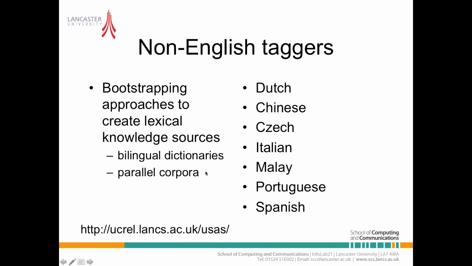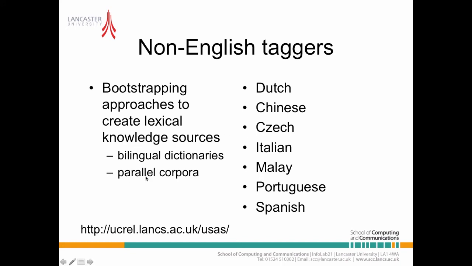So the key resource that you need to extend such a semantic annotation system to another language is the underlying dictionaries. So we're attempting to build these using a bootstrapping approach to create these new dictionaries in one of two ways. So we can take the existing English dictionary and translate it, if you like, using a bilingual lexicon or a bilingual dictionary to derive a first version of a dictionary in one of these other languages.